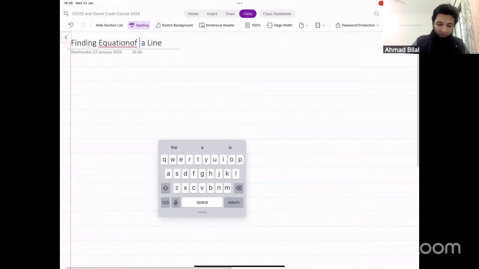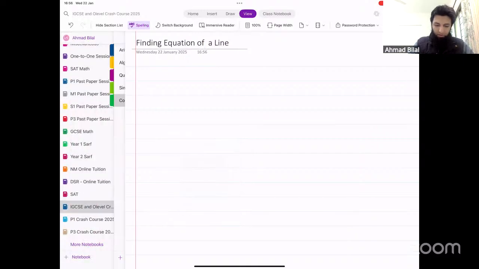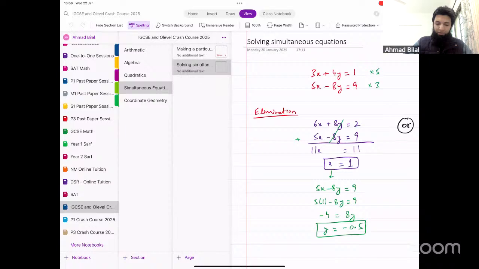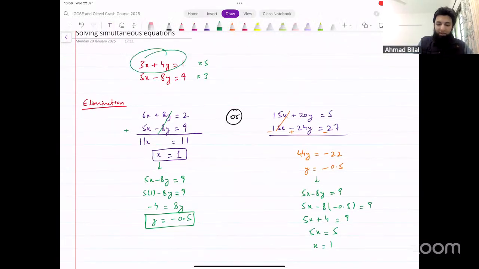Now, in one of our previous classes, we understood how to solve equations simultaneously, right? Let me show that to you quickly. So we talked about how to solve equations like these. Solve this and this simultaneously.